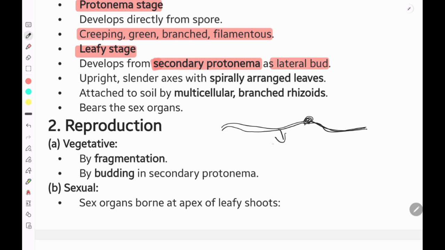This is protonema, and after protonema they will start producing a smaller structure, that is the secondary protonema.